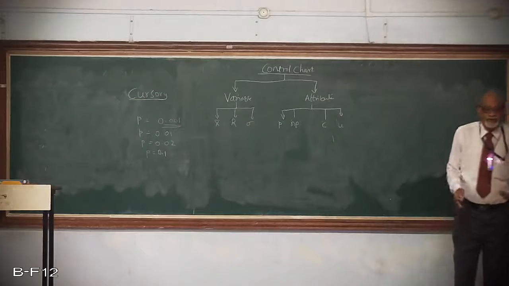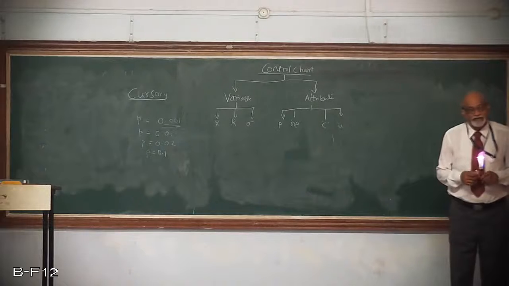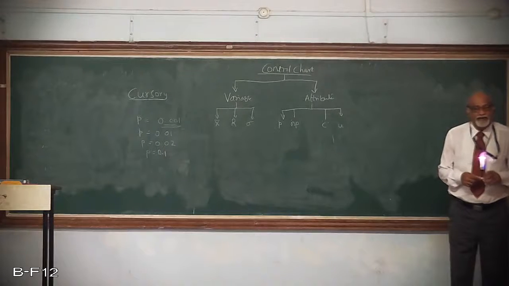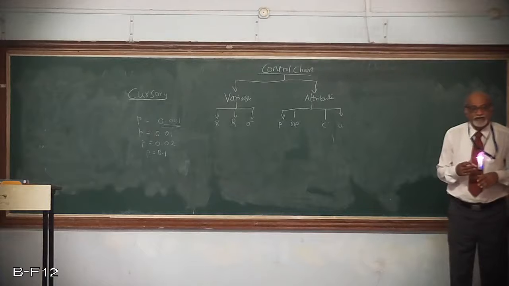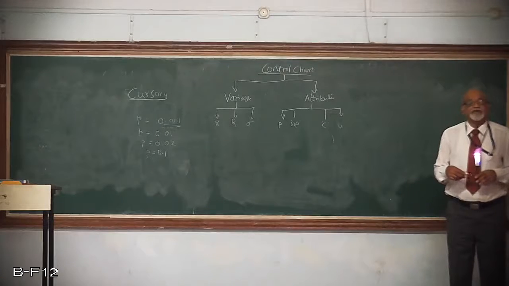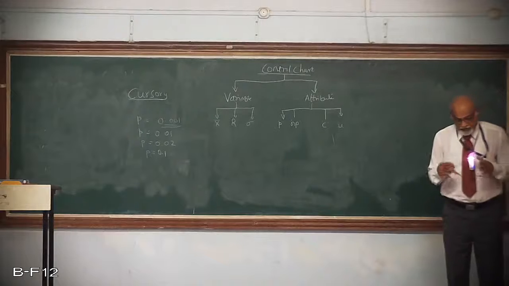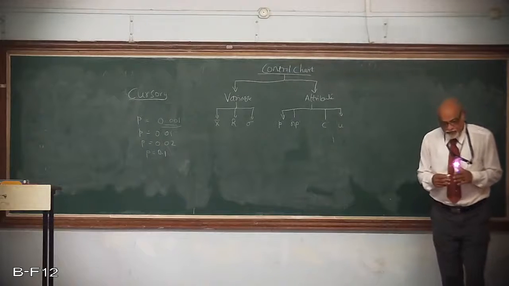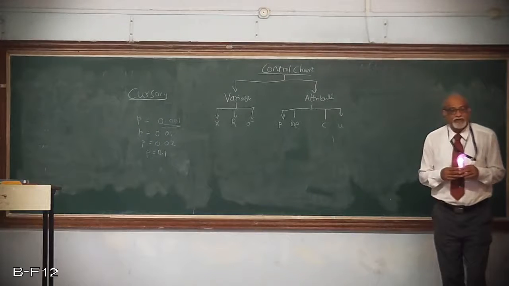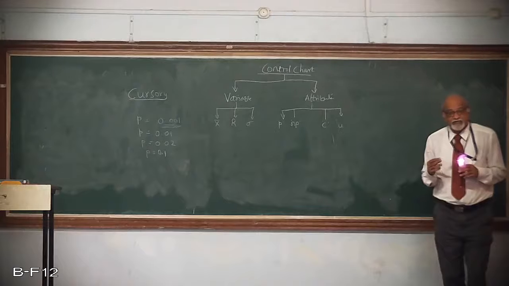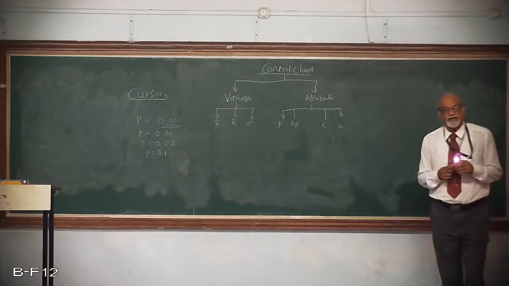Because based on the sample size, the accuracy will go on varying, or drawing the inference, it depends on the sample size. If the sample size is more, then we can draw a better conclusion. That is what I'm talking about in case of control charts for attributes.